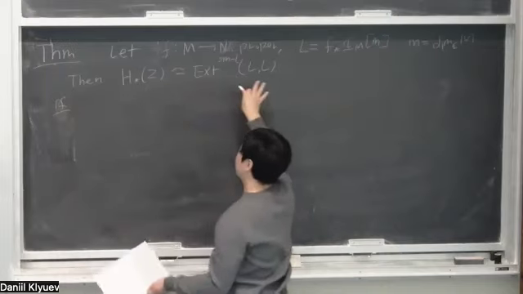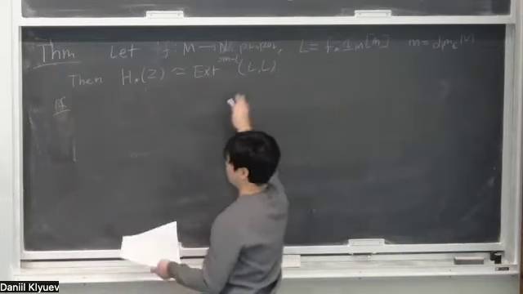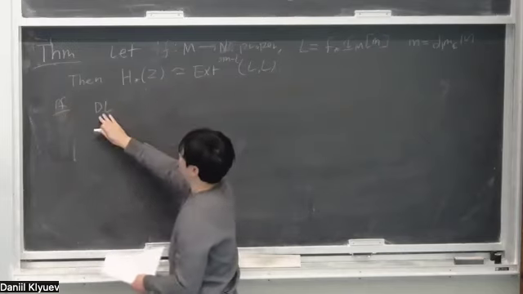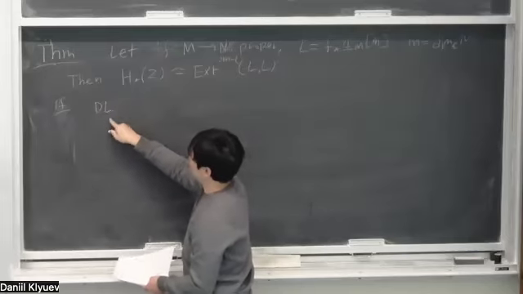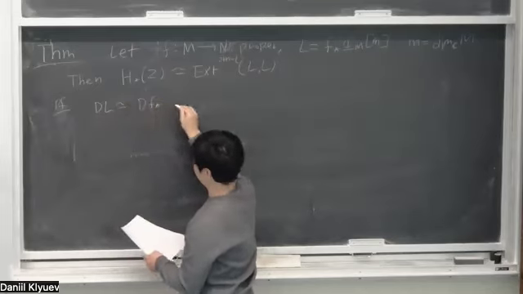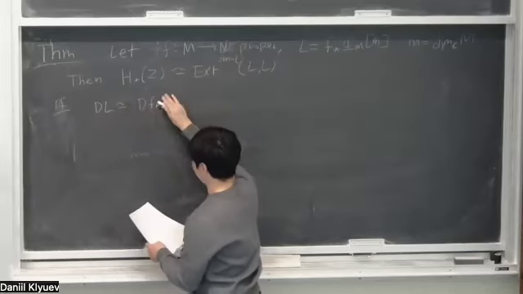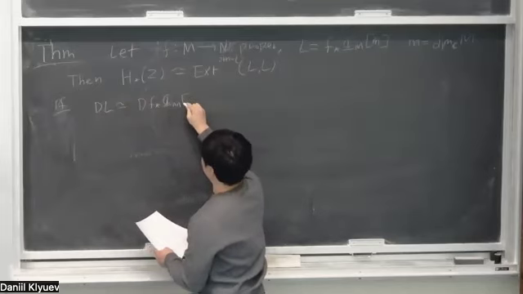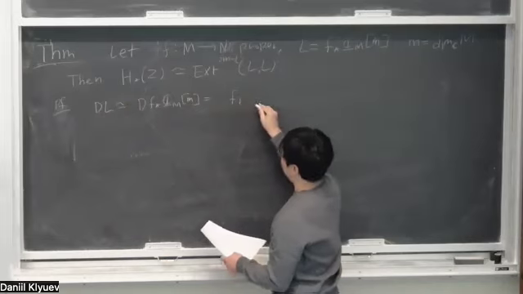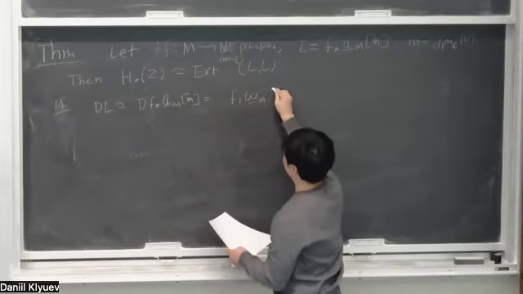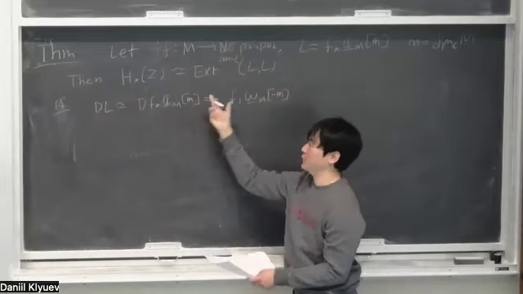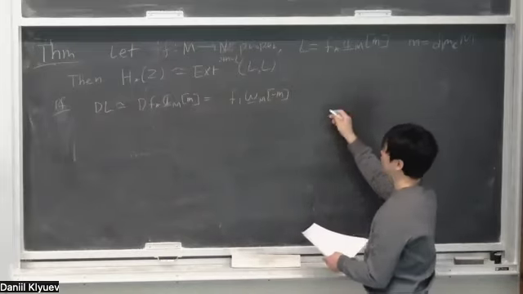We'll just prove that it is isomorphic as vector spaces. Just take DL, the dual. Then it is Df lower star of C_M[m]. Then this will be f lower star of omega_M[-m], by commuting the D and the functors.